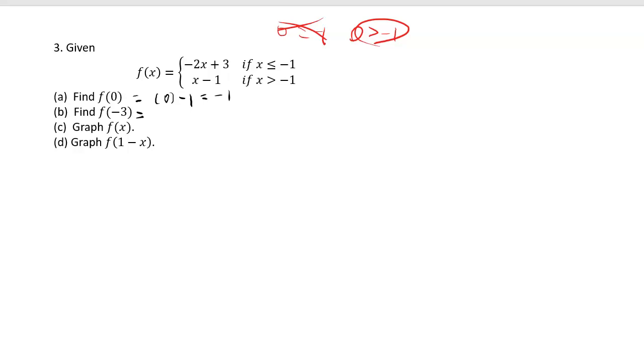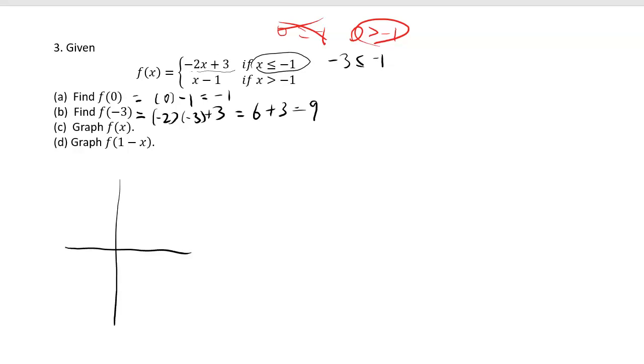On the other hand, if you look for f of negative 3, negative 3 is less than negative 1, so you have to follow this formula here, which is negative 2 times negative 3 plus 3, which is positive 6 plus 3, which is 9. Now technically you can draw the graph by just plugging in a bunch of values and making a table.